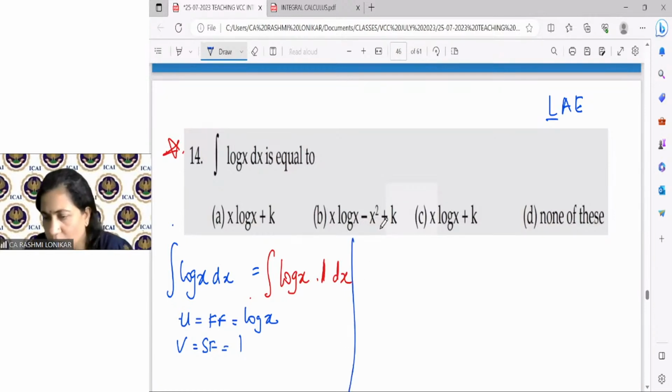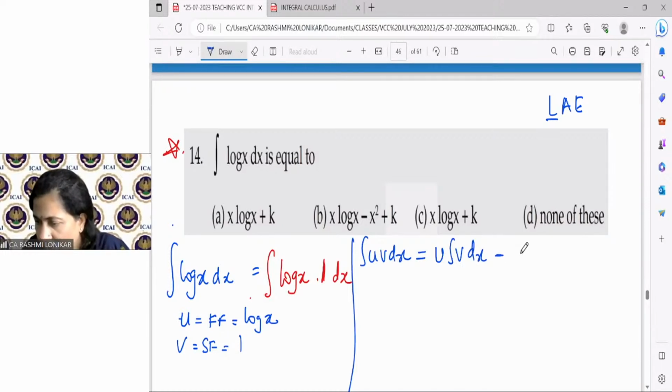And what is the formula? Integral of uv dx is equal to first function into integral of second function, minus integral of derivative of first function into integral of second function.